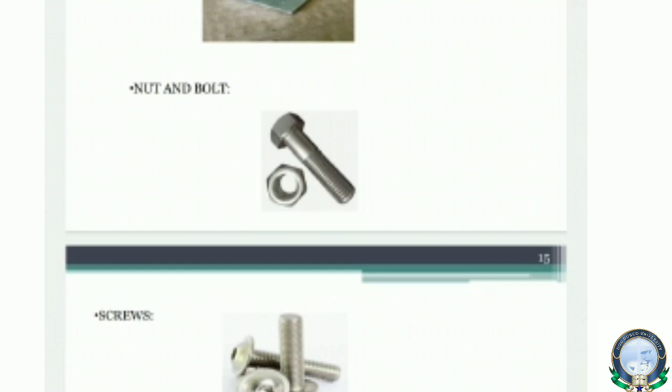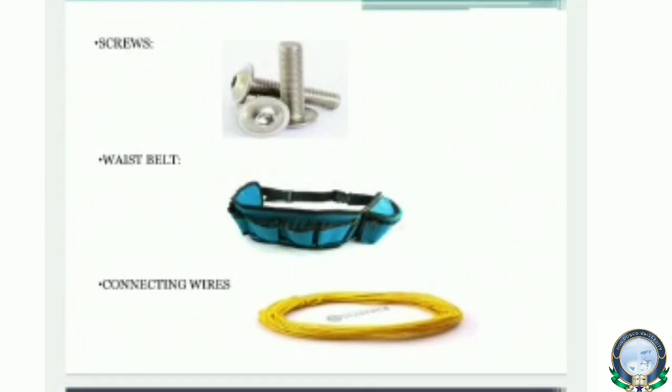Then we have screws. A screw is a type of fastener, in some ways similar to a bolt, typically made of metal and characterized by a helical ridge known as a male thread, which is an external thread.